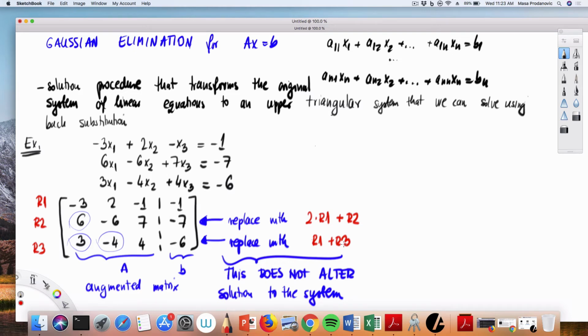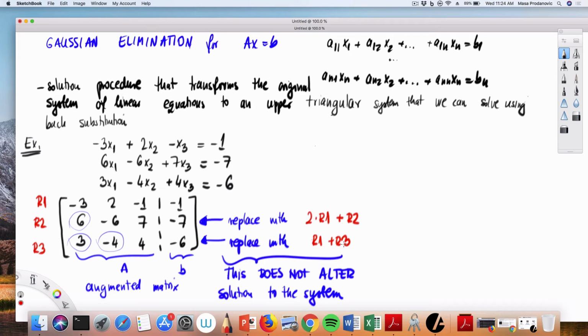I'm still getting an equation that is true for that same x1, x2, x3. So the solution that solves R1 and R3 is also solving R1 plus R3. That's what I mean by linear dependence of these rows. But this R1 plus R3 is not bringing me new information, so I can just replace one of these rows. In this case, I'm replacing row 3 with R1 plus R3.